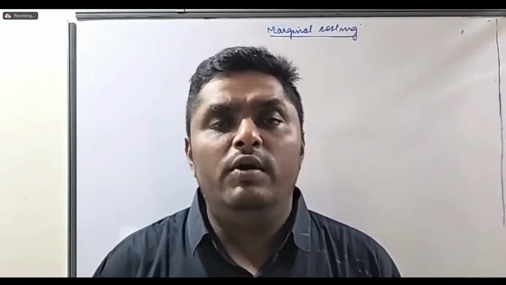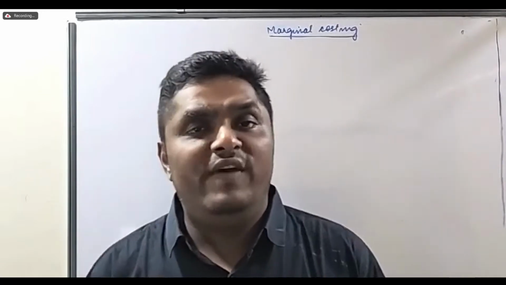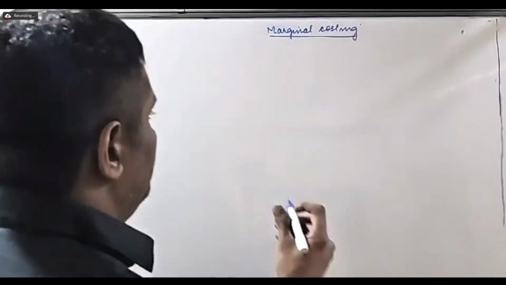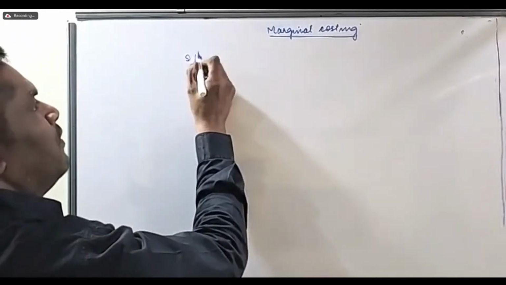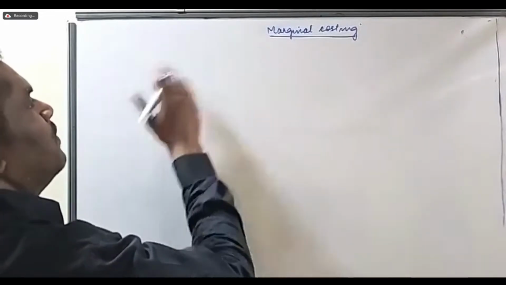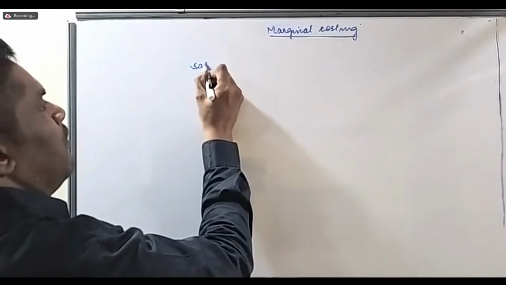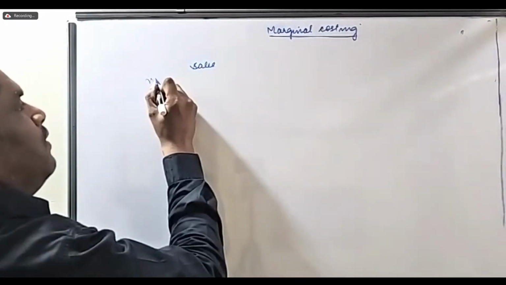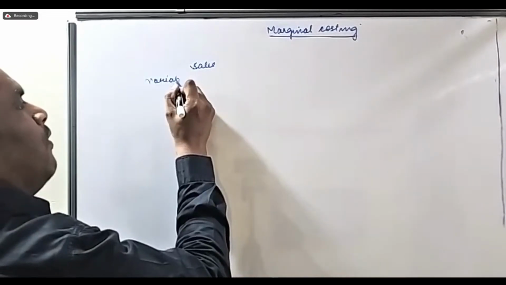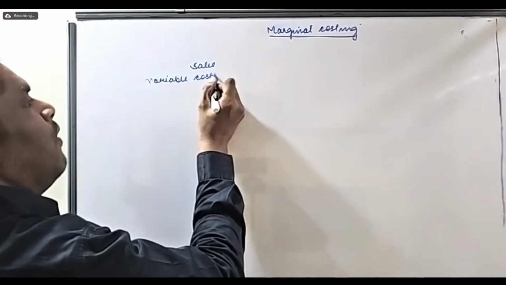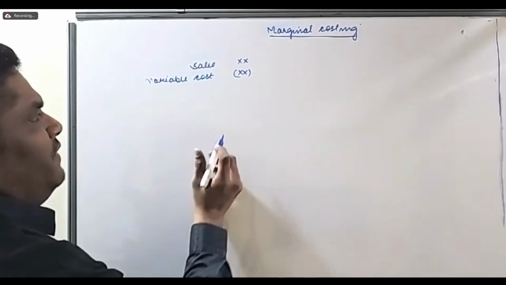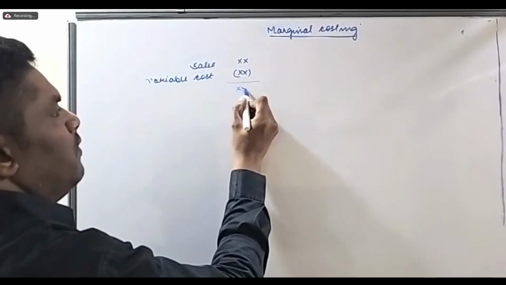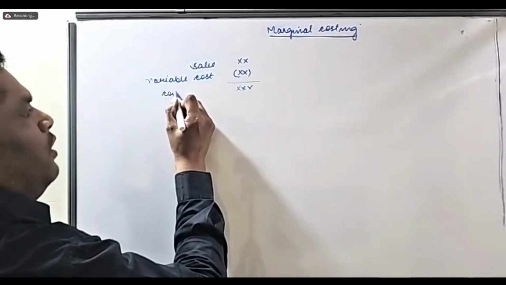This chapter is based on 5 terms. That is sales. If we subtract variable cost from sales, we will get contribution.